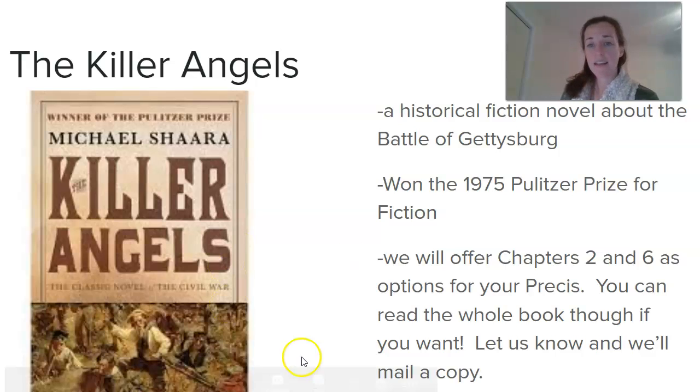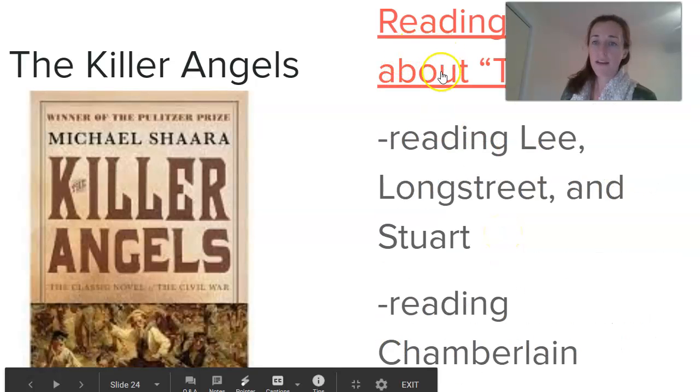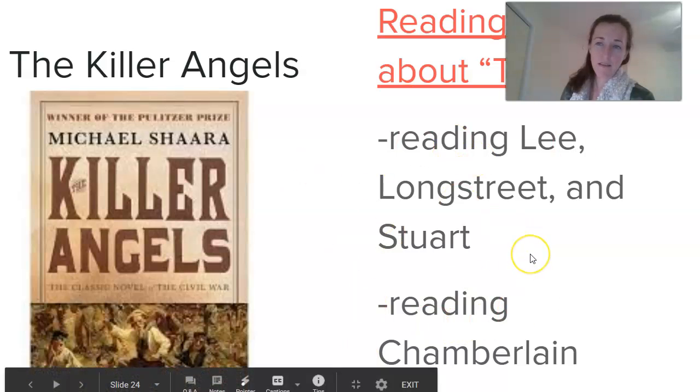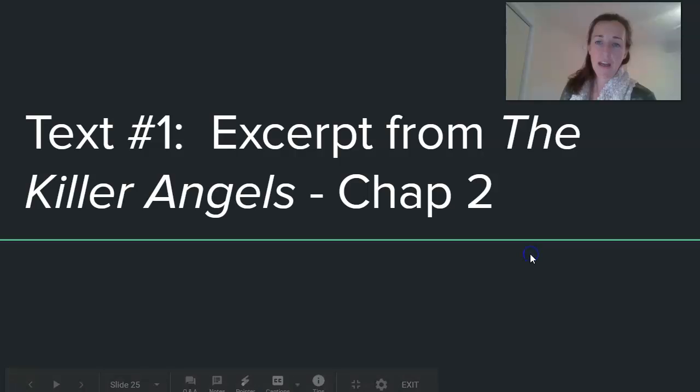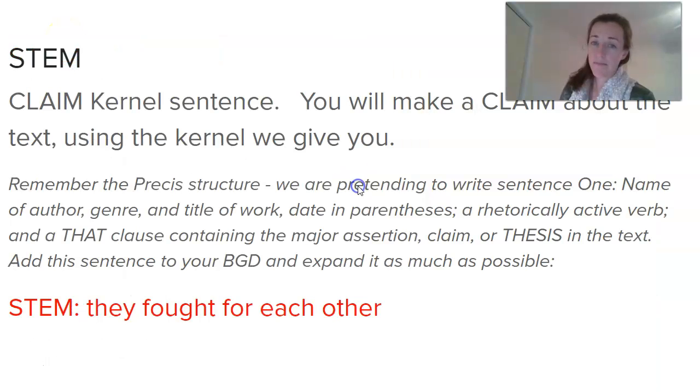So today's is the perspective from Chamberlain. What I'd like you to do is read the intro about the men. I've got the clips here that will help you understand the reading, and then read this excerpt in order to do your stem, which is they fought for each other. So read the chapter, do the stem. Thank you very much.